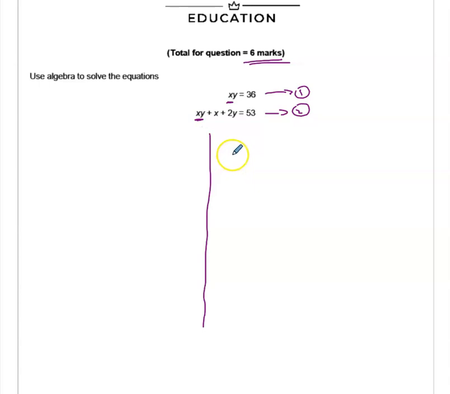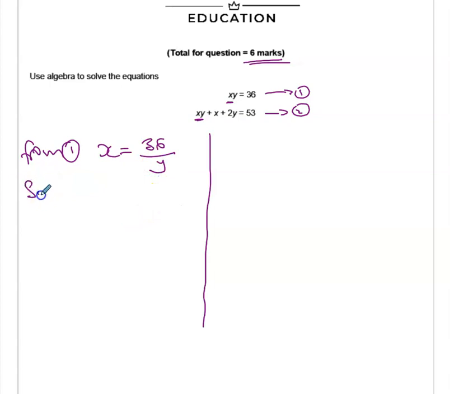That straight away tells us that we can substitute equation 1 into equation 2 fairly easily. But to help us do that completely, we can do this. So from equation 1, you can see that x is the same as 36 divided by y.